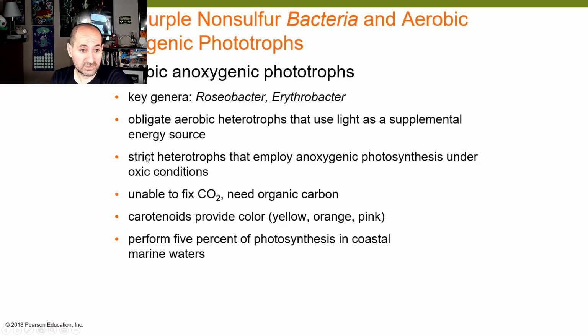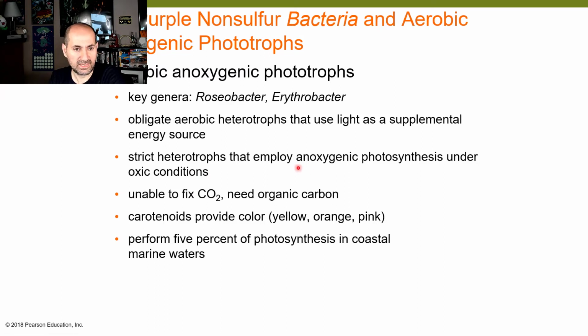These ones are strict heterotrophs. They are unable to fix CO2 and need organic carbon. So these are interesting because even though they do photosynthesis, they are unable to fix CO2 during the Calvin cycle. Instead, they use organic carbon. That's kind of interesting.